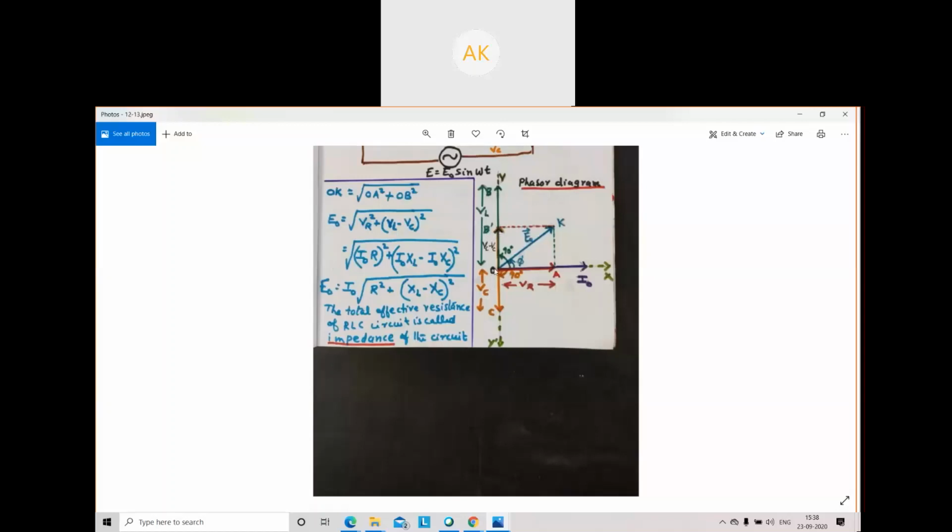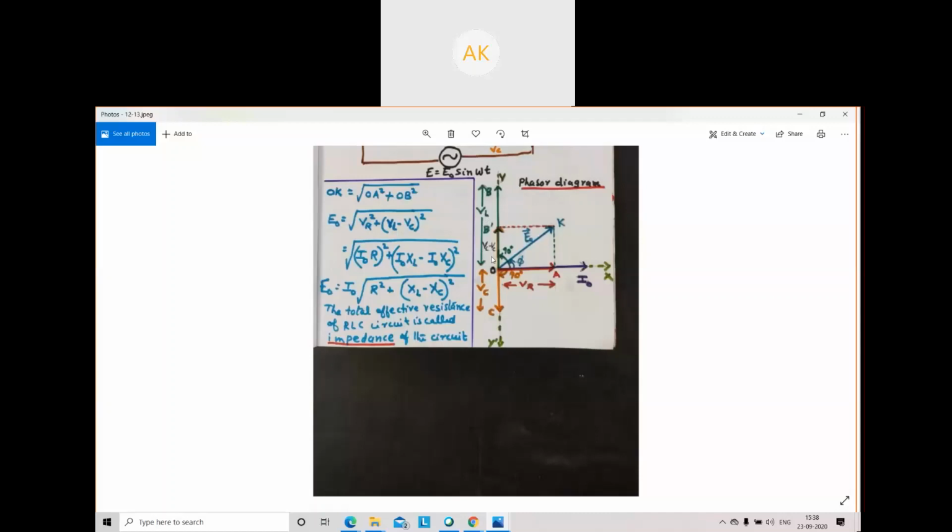For example, suppose vector OB is 5 in magnitude and vector OC is 2 in magnitude. What is the resultant? 5 minus 2, and it will be in the direction of the greater vector.